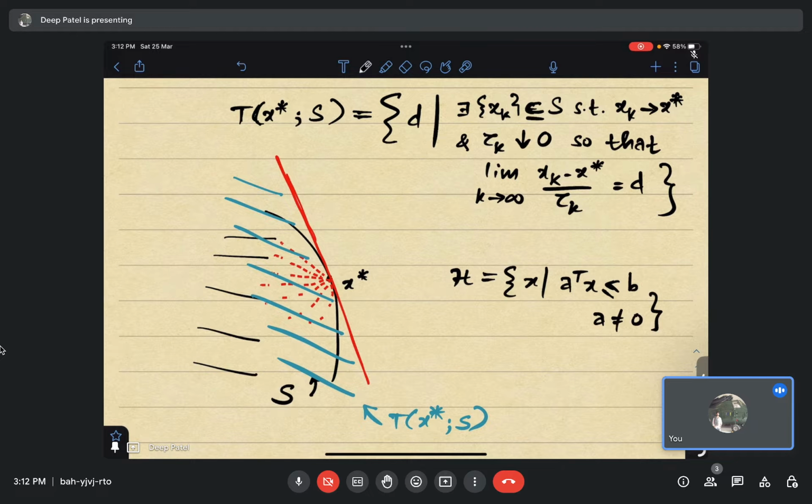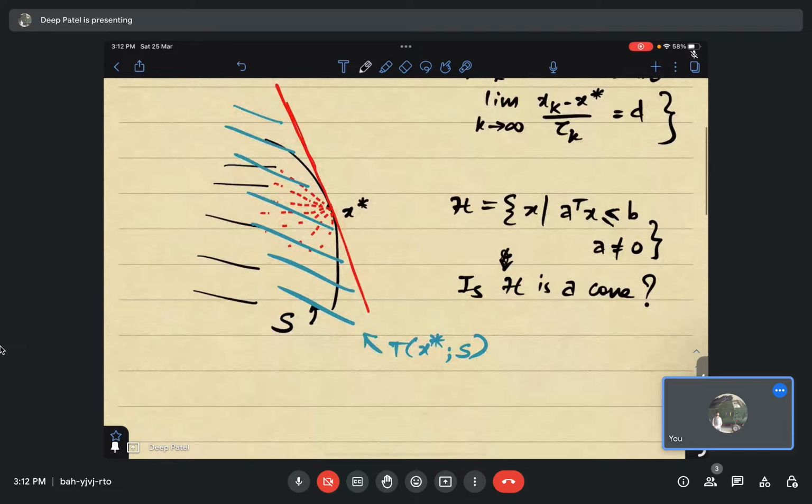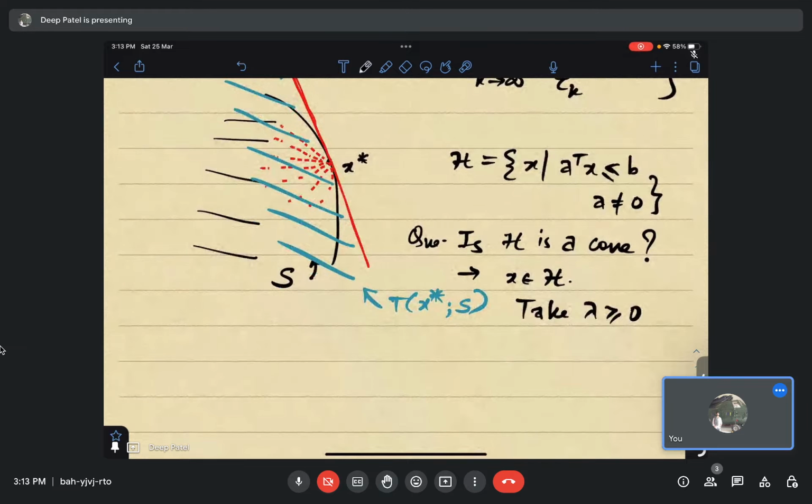So what do you want to check? This is a cone. How will we proceed? It should be positively homogeneous, so you just scale it by some lambda greater than 0. Take lambda greater than or equal to 0. Then a transpose (lambda x) is less than or equal to b.